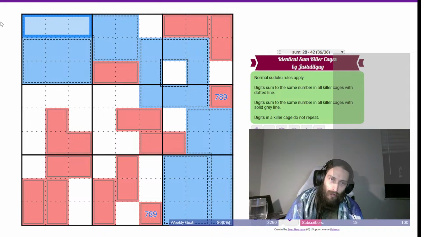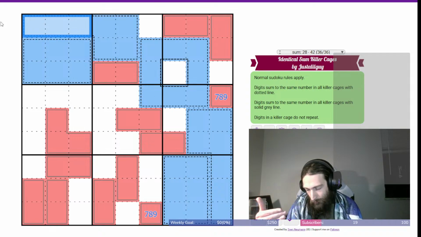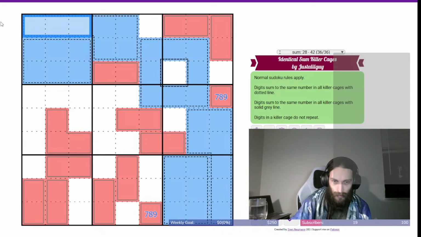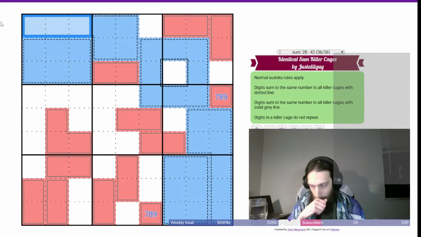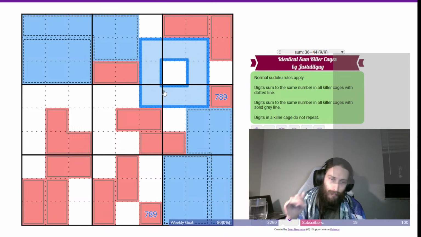Means the minimum that these are is 15 after being doubled, which means I have to leave out either 8 or 9 because I have to get above 15 after doubling. So whatever's left out of this is either the 8 or the 9.